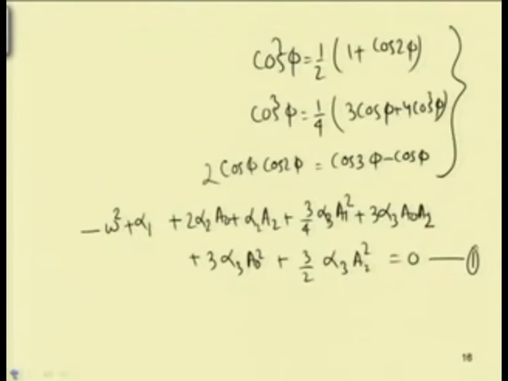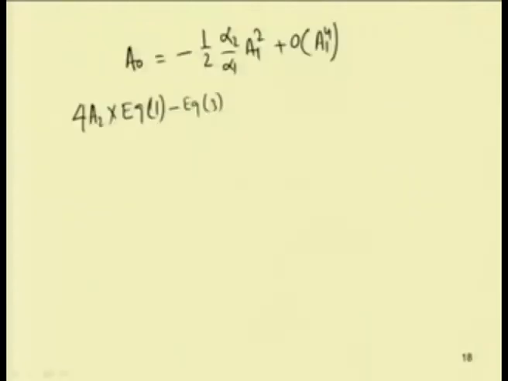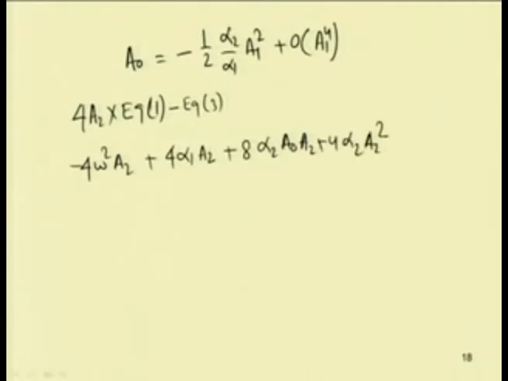So, minus 4 a2 we have multiplied. So, this becomes minus 4 omega square a2 plus 4 alpha 1 a2 plus 8 alpha 2 a0 a2 plus 4 alpha 2 a2 square plus 4 omega square a2 minus alpha 1 a2 minus half alpha 2 a1 square, equal to 0.